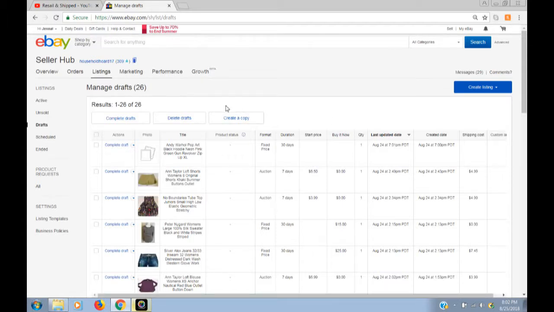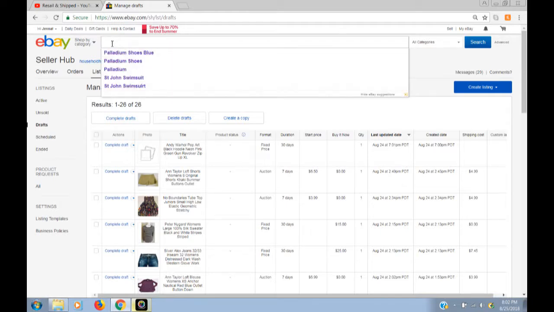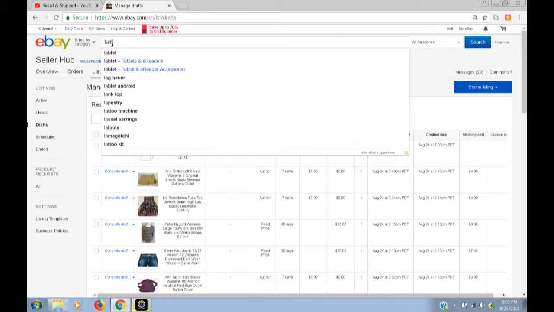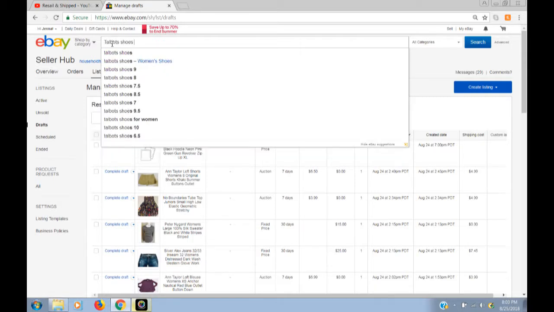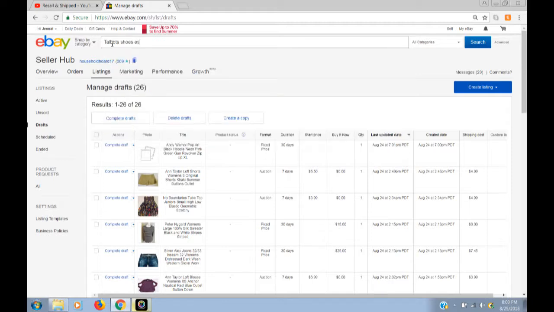Okay. So what I wanted to show you is looking up each of the shoes and how to make a listing from them to save. The first shoe that we had was that Talbots, and I think I called it Espadrilles or something. But I'm going to type in Talbot shoes, and then I'm going to do Espar.